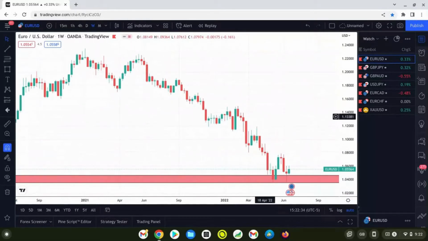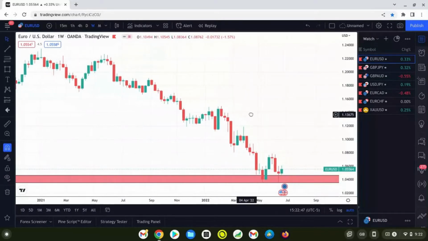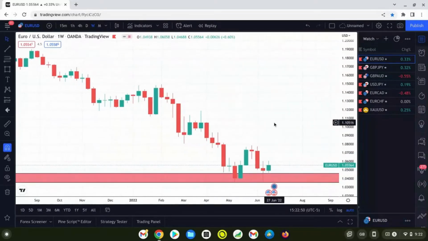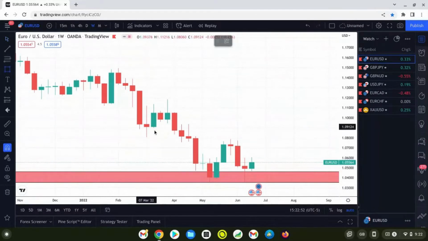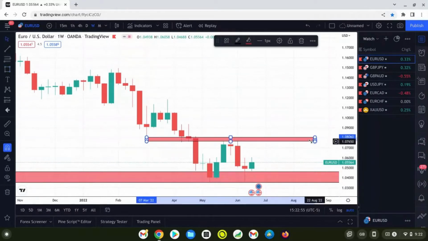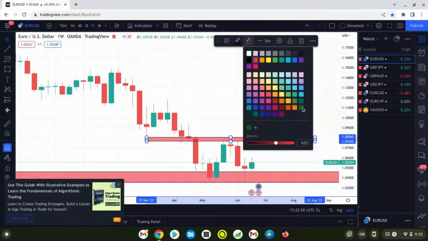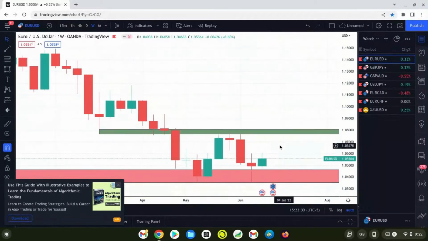Now we start going into recent happenings, recent price action, recent candlestick patterns. So what I see at the moment on the weekly time frame is this bit, which is recent, and I'll just make this green, which is some kind of support. You can almost call this a range, because price is just going back and forth here.